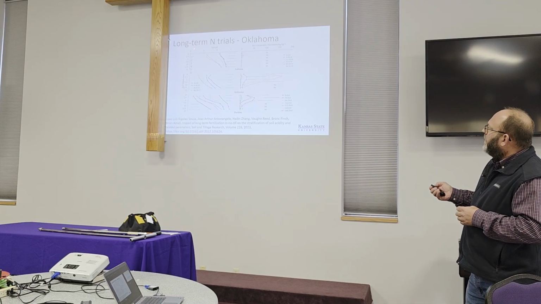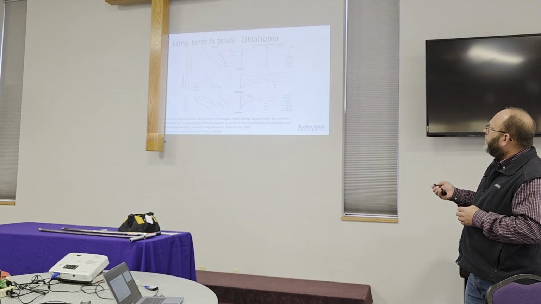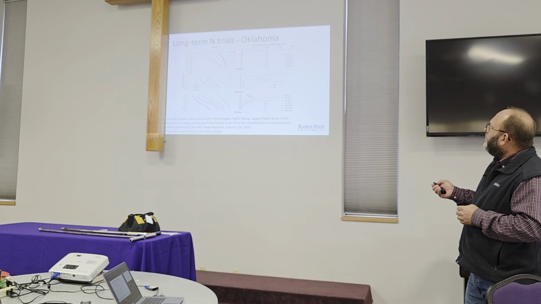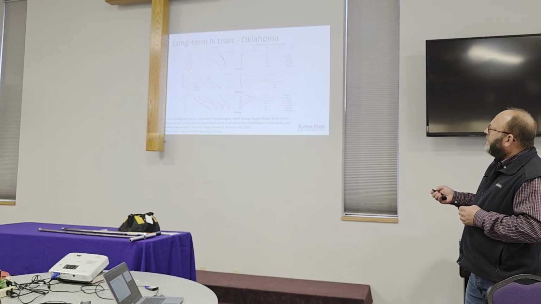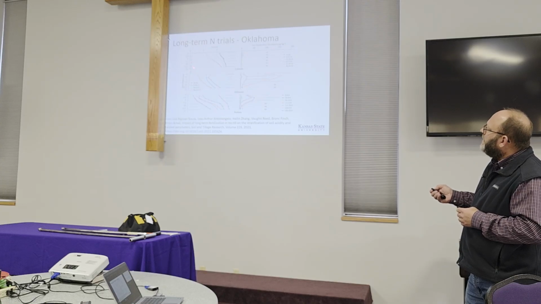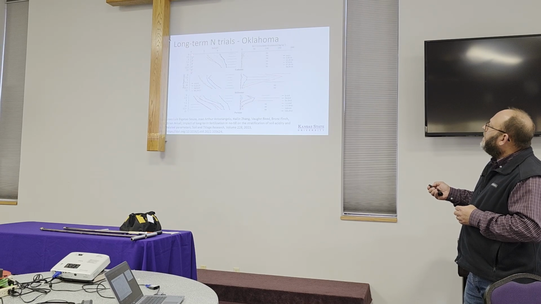So we've got soil pH range from 4 to 7.5 across the top here, and then we've got sampling depth going down. They sampled in 1-inch increments to a depth of 6 inches. Those should be inches, not feet, sorry. 1-inch increments to 6 inches.